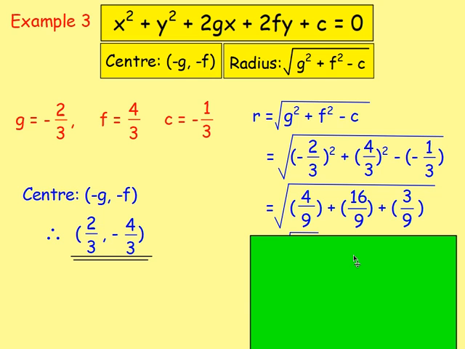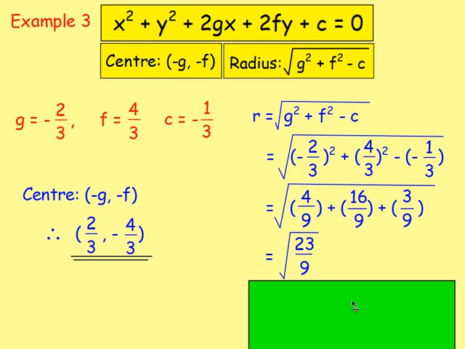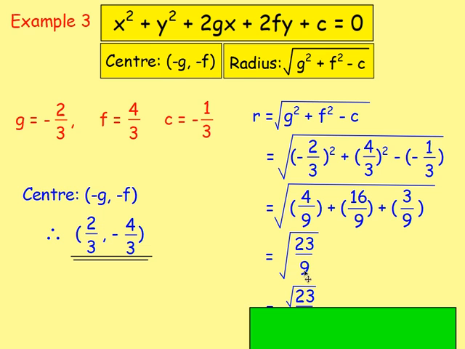So from there, if you just add the fractions together, what would you get? Brilliant! You would get 23/9. And from there, you could leave it as that. But really what that means is it's the square root of 23 divided by the square root of 9. And we all know the square root of 9 is 3. Brilliant! So you could just write it as that. So that is going to be the radius of that circle.